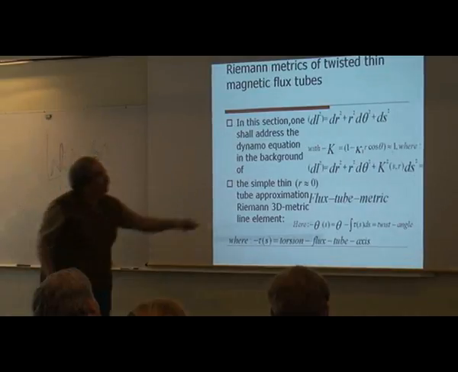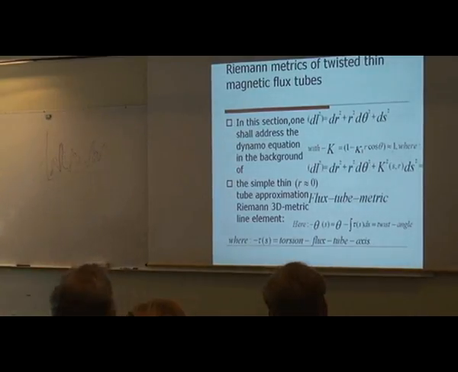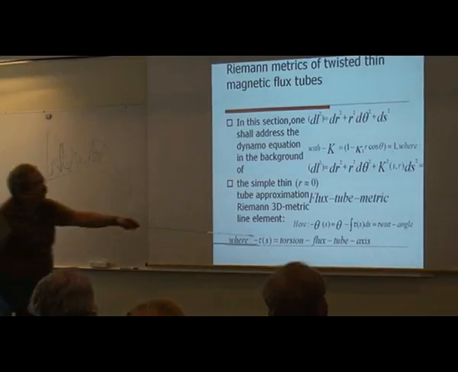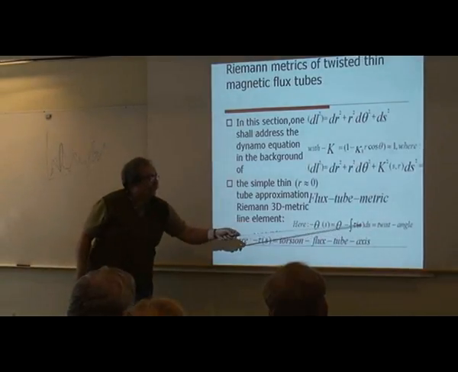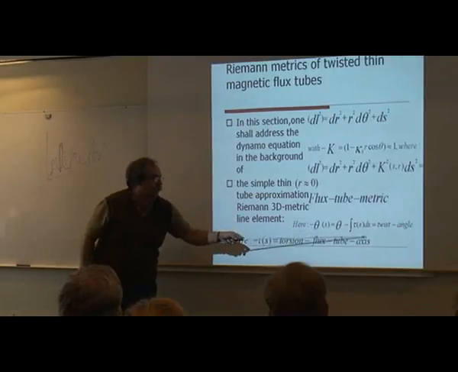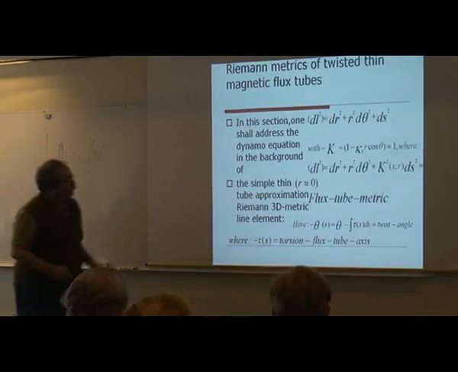But I just considered the case where k is equal to 1 to get the analytical solution. Okay. Here's what I mentioned before, the twist, this torsion tensor, torsion scalar, and this is the twist angle.